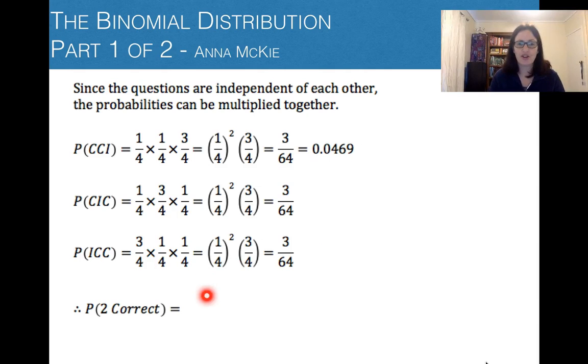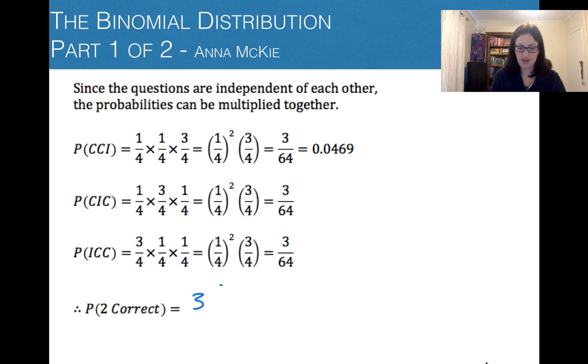So we're going to fill this out here. Hope you're ready to write this down. So the probability of getting 2 correct, that's your probability statement, is 3 lots of this combination here.